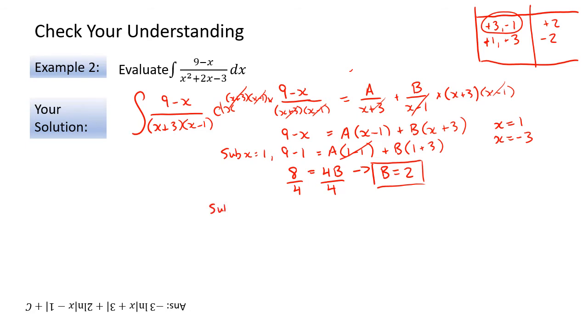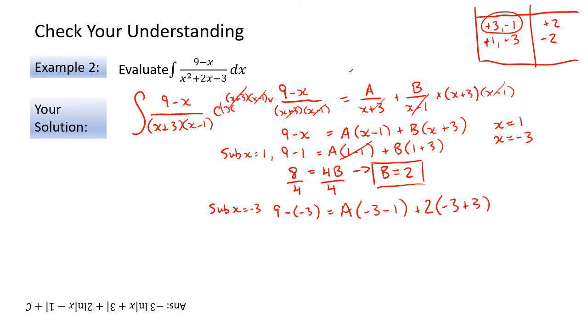So if we substitute x equals negative 3, we get 9 minus negative 3 is equal to a times negative 3 minus 1 plus b, which we can now substitute in as 2, times negative 3 plus 3.